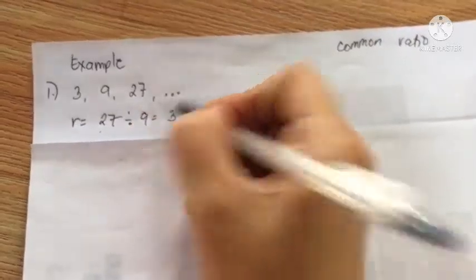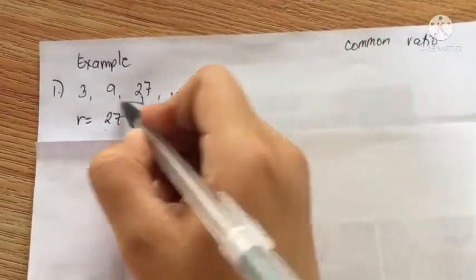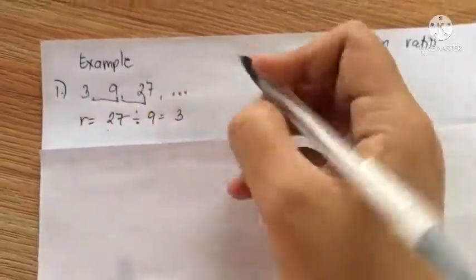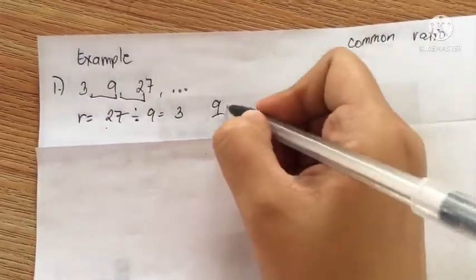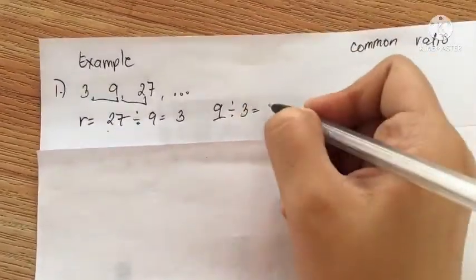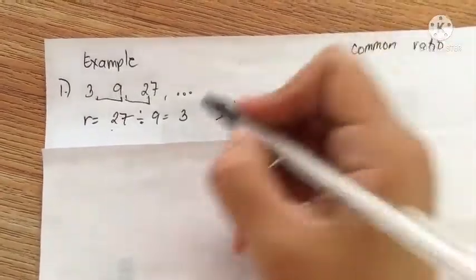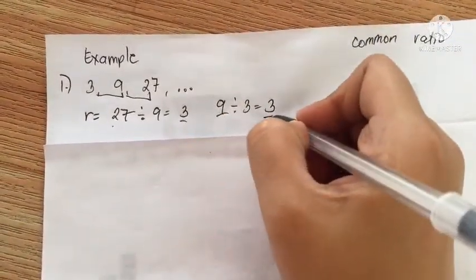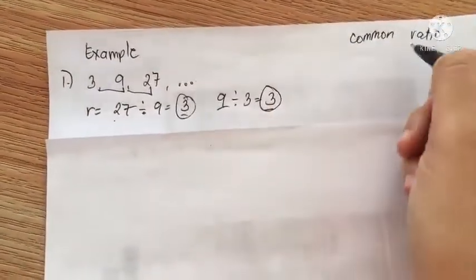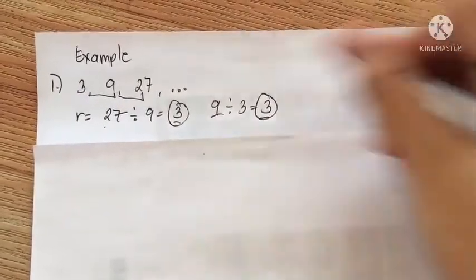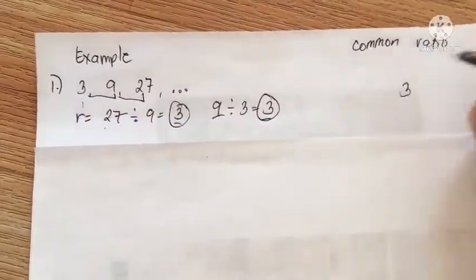The answer is 3. Ganyan siya. Pabaligtad. Susunod naman, 9 divided by 3. Ang sagot natin is 3. So, meron siyang common ratio. Pareho silang 3. So, ibig sabihin, ang common ratio natin dito sa sequence na to is 3.